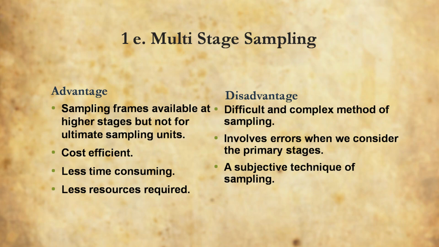Whereas talking about the limitations, it is a difficult and complex method of sampling and it involves errors when we consider the primary stages. A subjective technique of sampling is what we call multi-stage sampling.